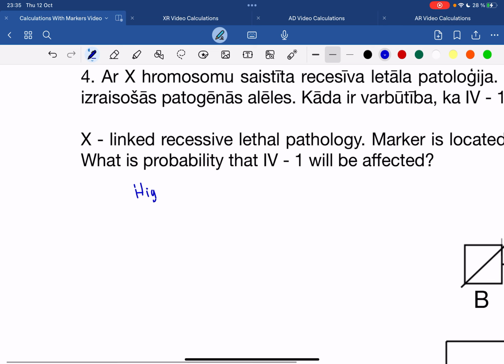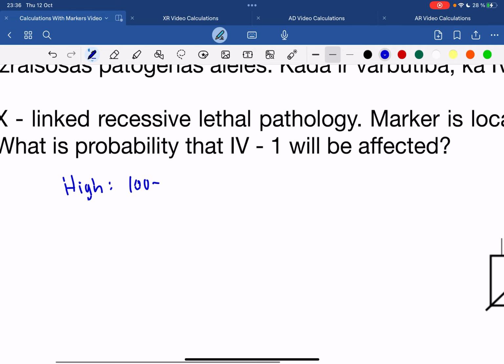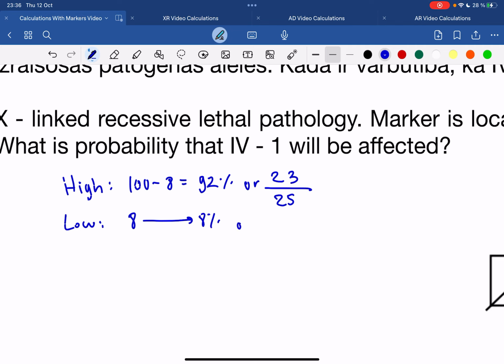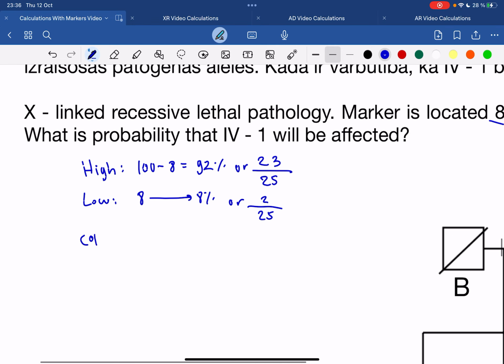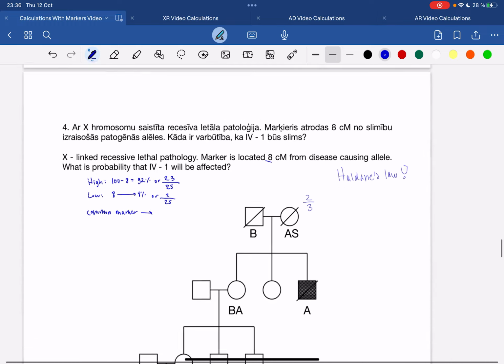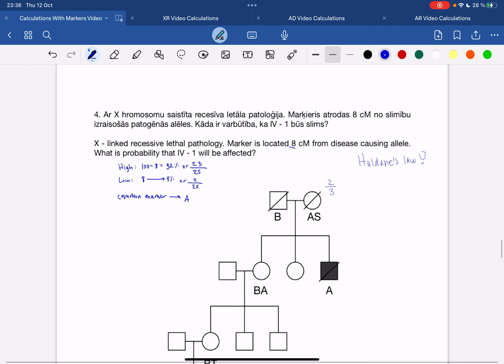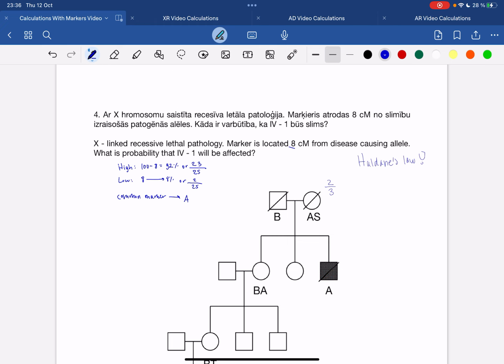So we have a high risk of 100 minus the CM, which is 8, which would be 92%, or 23 over 25, while the low risk is just the 8, or the 2 over 25. And then the common marker is A, because this person right here only has the A to show.